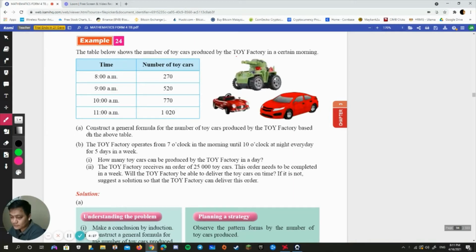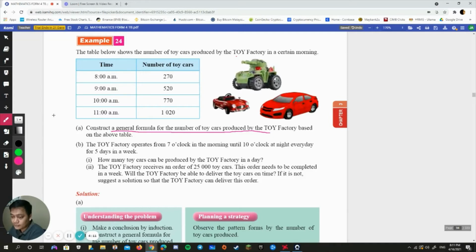So the question is, construct a general formula for the number of toy cars produced by the toy factory based on the above table.